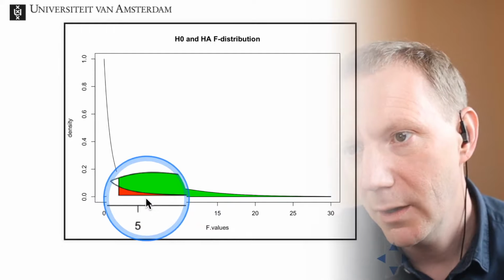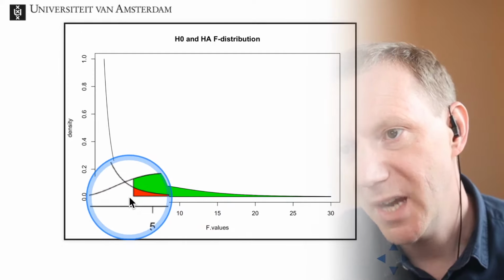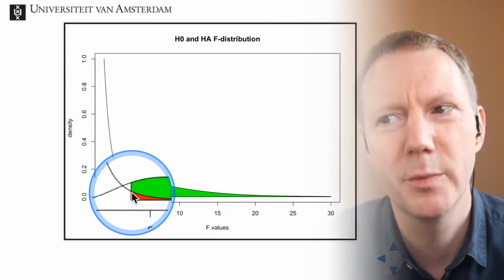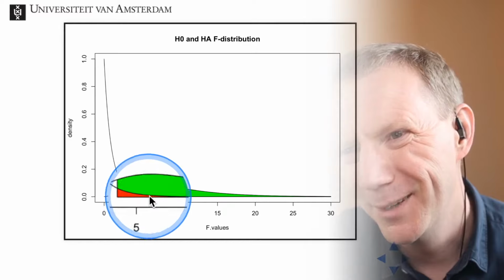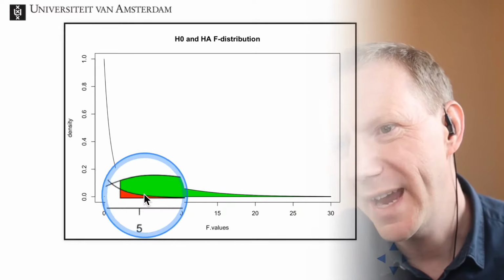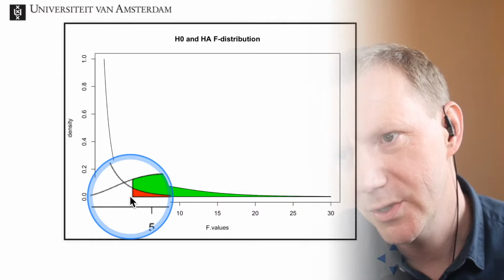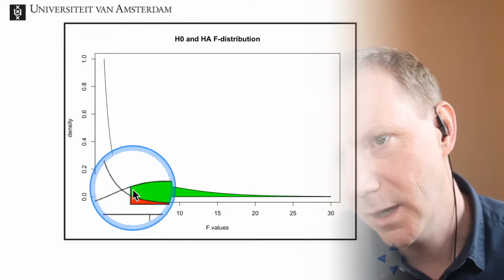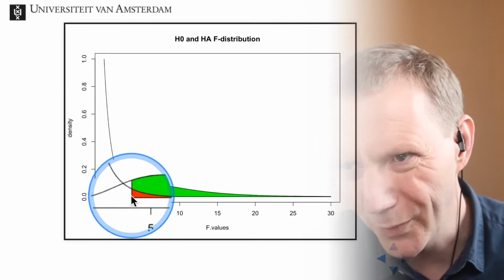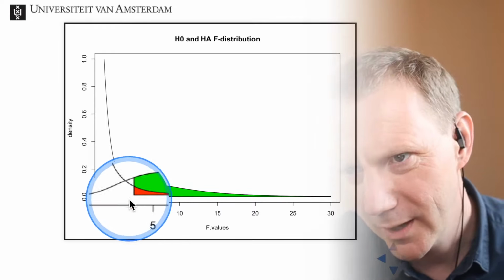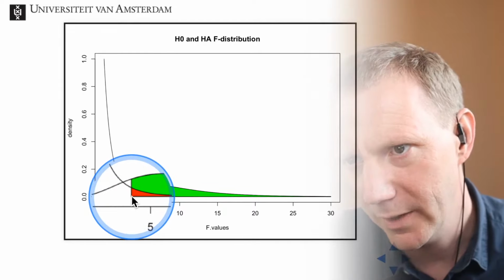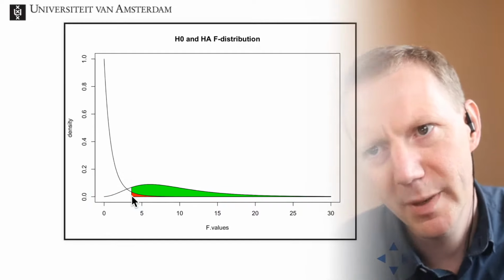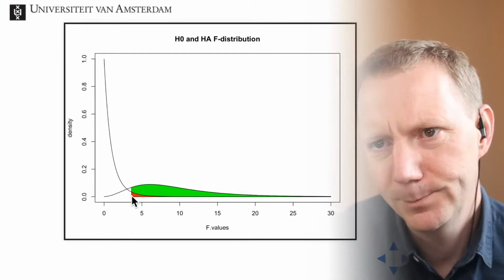Based on a type 1 error of 5%, you determine, or SPSS determines for you, or I showed you here, what the area under the null distribution is that is associated with an area of 5%. And the cutoff score, the critical point that is associated with that area, is what we call the critical value. And what are our conclusions based on this critical value?